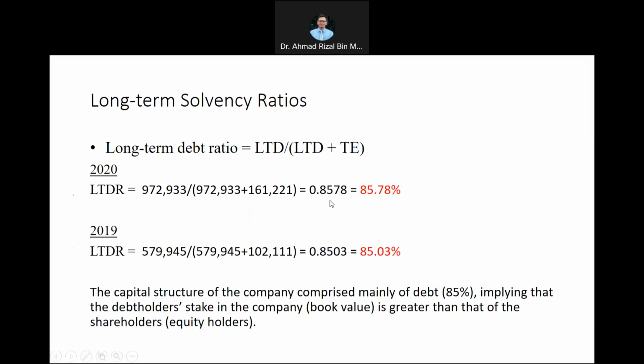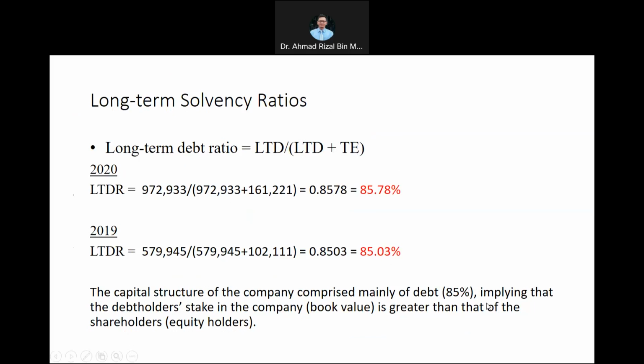So in this case, the ratio is 85.78% in 2020 and 85.03% in 2019. So it's about 85%. It's showing that the capital structure of 7-Eleven comprises mainly debt, around 85%, using the long-term debt ratio. Okay.